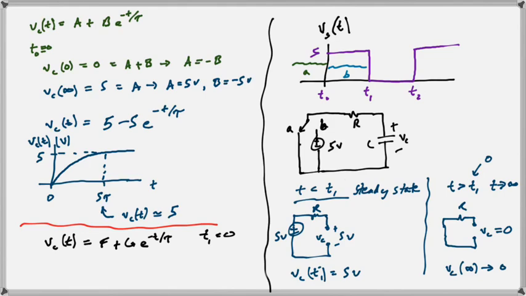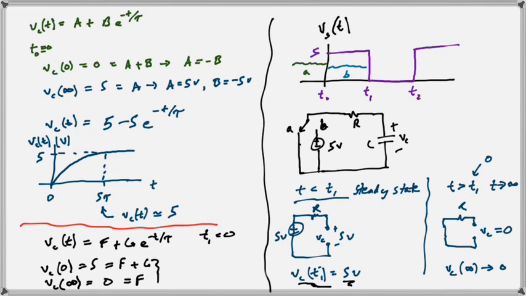Okay, so we said VC of 0, this is our VC of 0 right here, it's 5 volts. And you put in 0 for t, the exponential goes to 1, so it's f plus g. Okay, and then VC of infinity, we said is 0, and that's f.